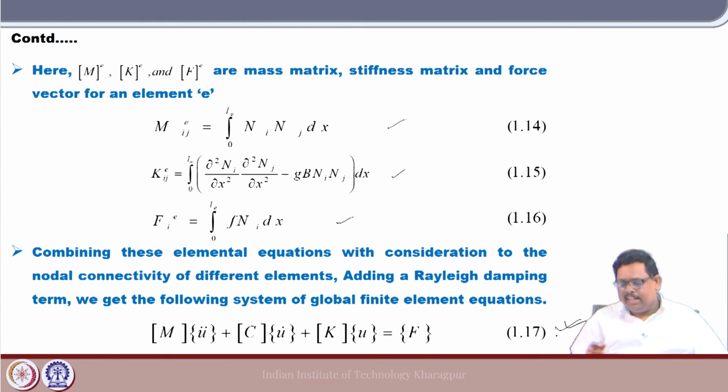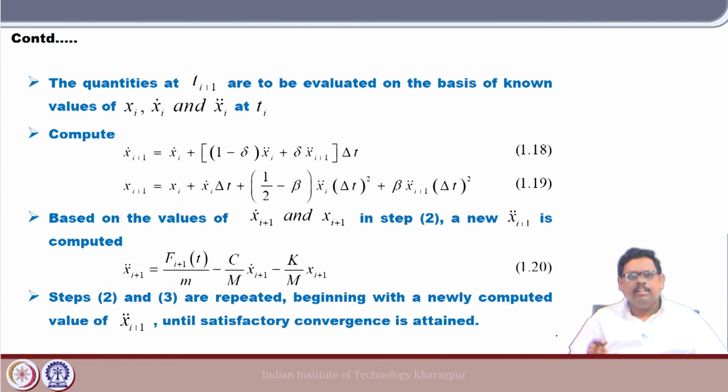Once I write this, we use the Newmark beta technique to get the sectional velocity, sectional displacement, and the acceleration. The Newmark beta method we are also going to discuss in the coming classes. Today the point is not how I obtain this.